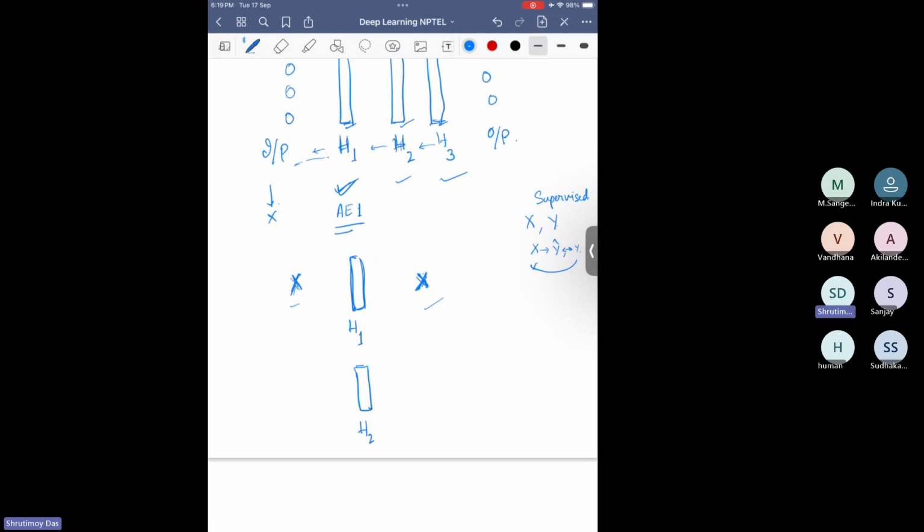So suppose I'm using an autoencoder, what should be the input? This is my input, this is my output. Here I'll have some H1, and similarly, in the output we'll have H1.